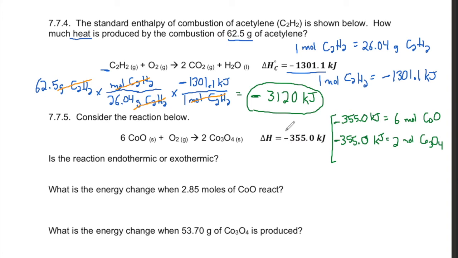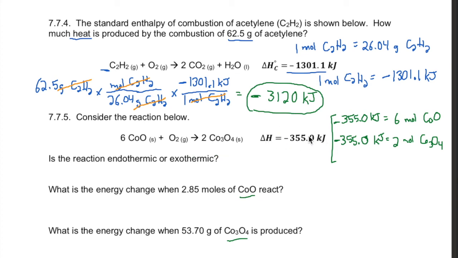So this is the relationship between the energy and the product, and also the relationship between the energy and the reactant that's being asked about here. I didn't write the relationship with oxygen because none of the questions have that.